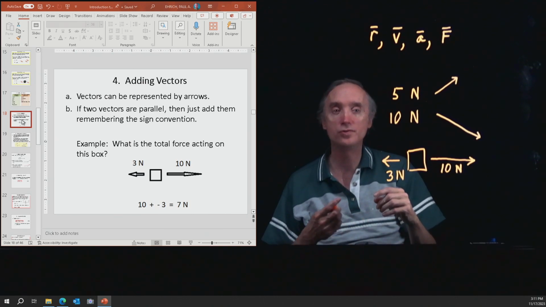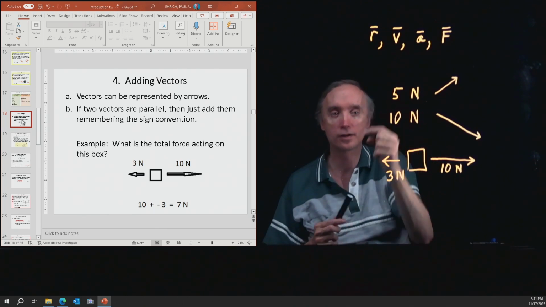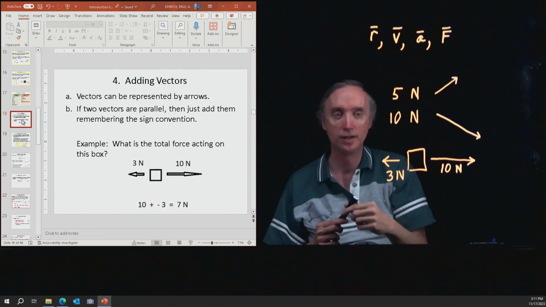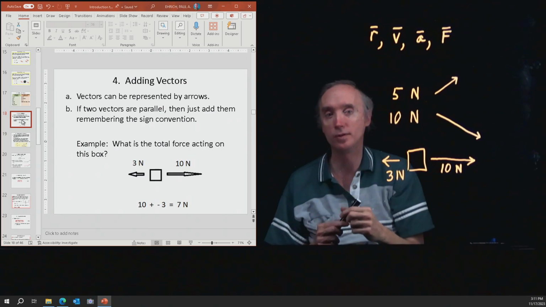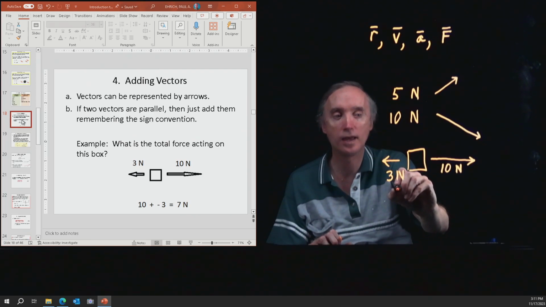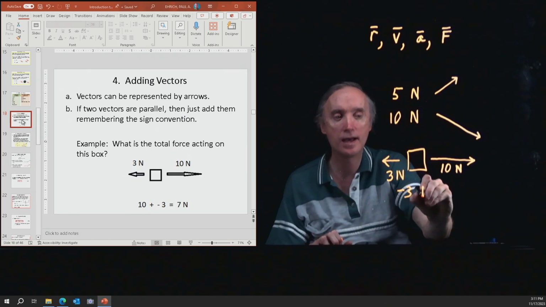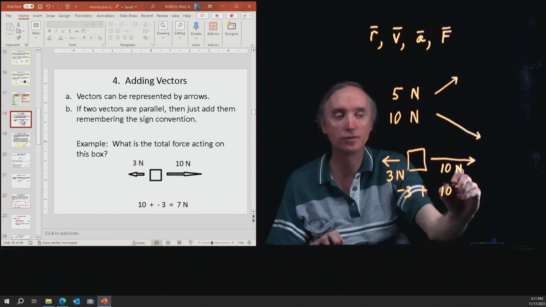We're going to use algebra, and we're also going to remember that anything that goes in that direction is negative. Anything going this direction is going to be positive. So what we're going to do is take a negative 3, because it's going that way, and then add it to positive 10, and that turns out to be 7.